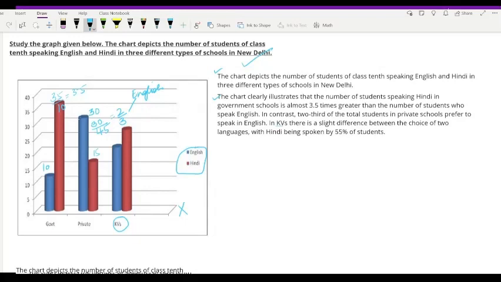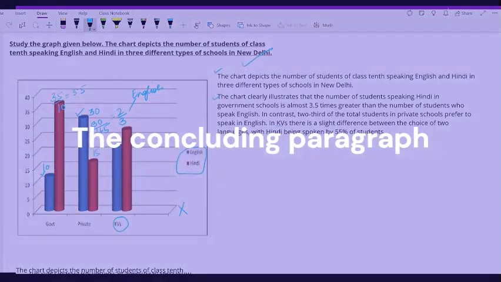This is what we can see, because comparing the two bars, the red and the blue, we can see that the blue one is the highest in the private schools as compared to the government and the KVs. So here is how we get another sentence. We will see another sentence which we can frame about the comparison, and then after that we'll see how to write the concluding paragraph.